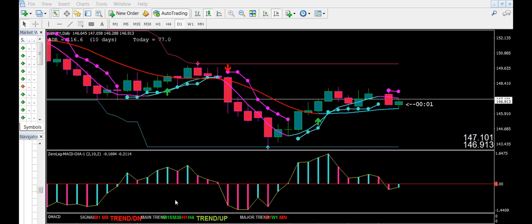So it's a very interesting divergence indicator, and it works in coordination with the yellow signal line and shows you very accurate entry and exit places.